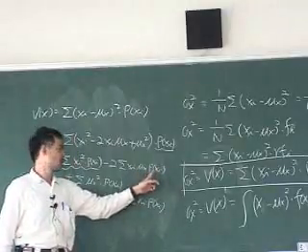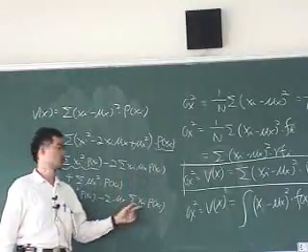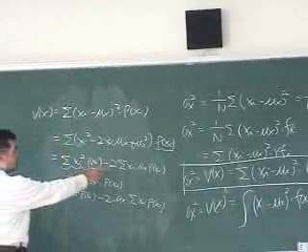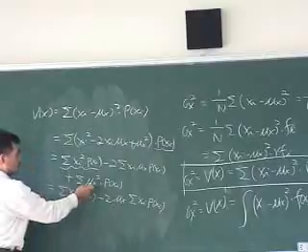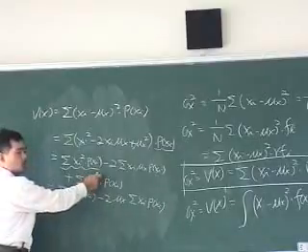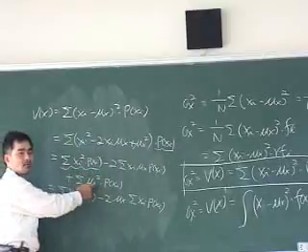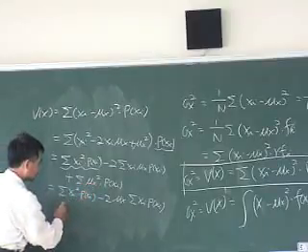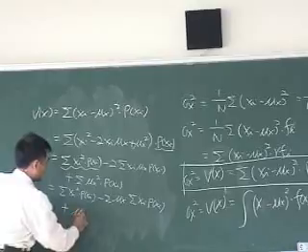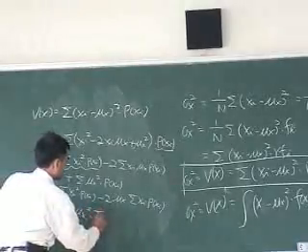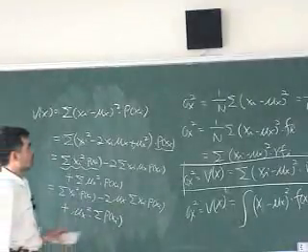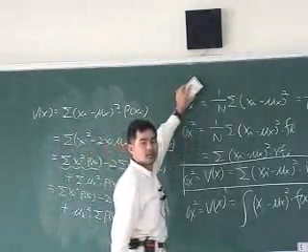Both items are affected by this operation, so you cannot take these out. And here you can take mu x squared out, the same thing, because it's a constant. This is a known number, so you can take it out. Plus mu x squared times summation p(xi). I want to erase this part.